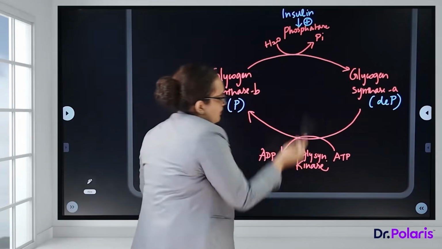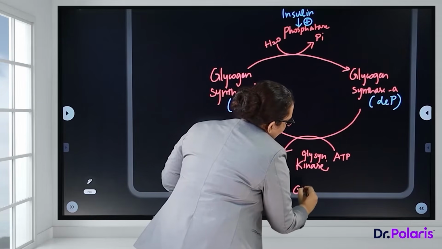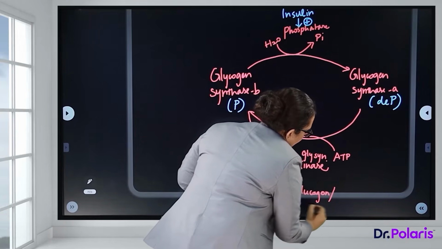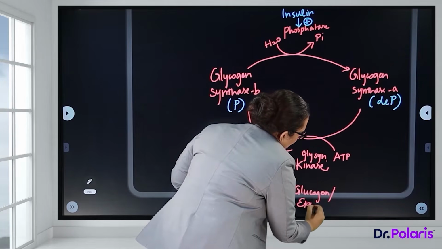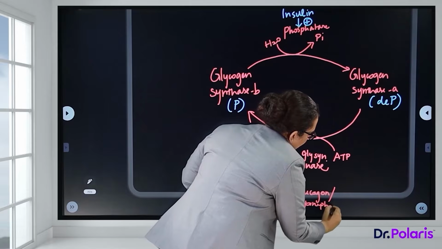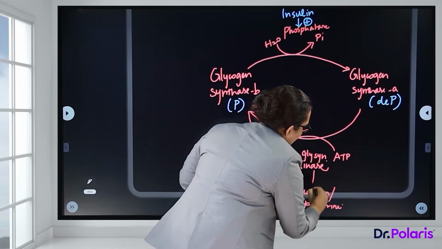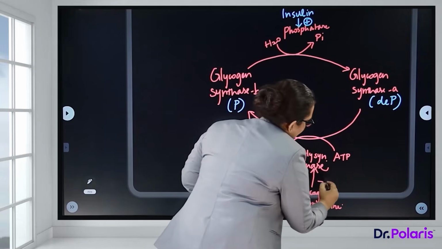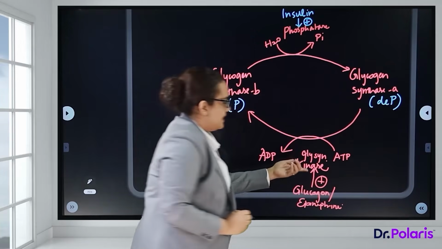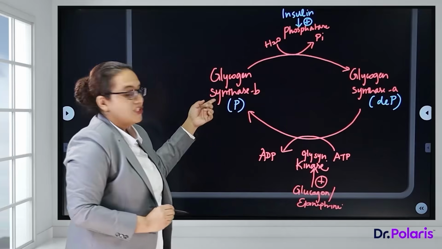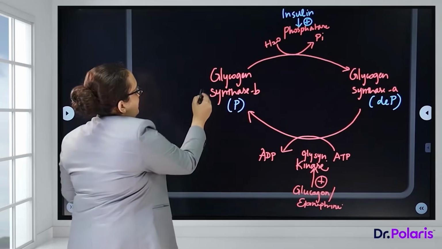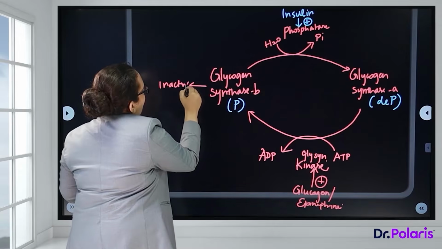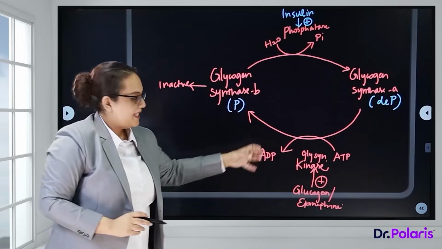Whereas glucagon or even epinephrine, these are the two hyperglycemic hormones. These two will stimulate glycogen synthase kinase, causing phosphorylation to happen, as a result of which this becomes the inactive form and glycogenesis gets inhibited.